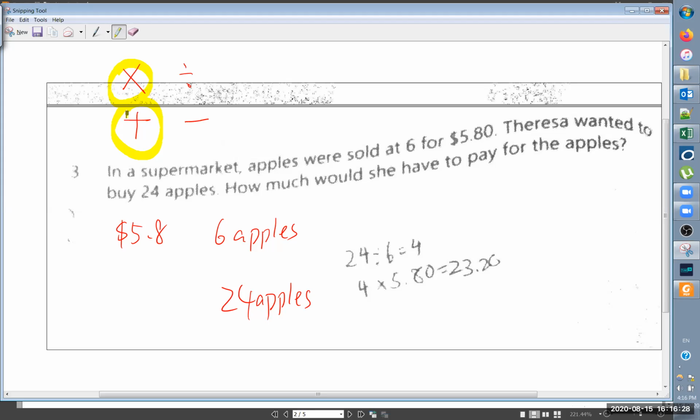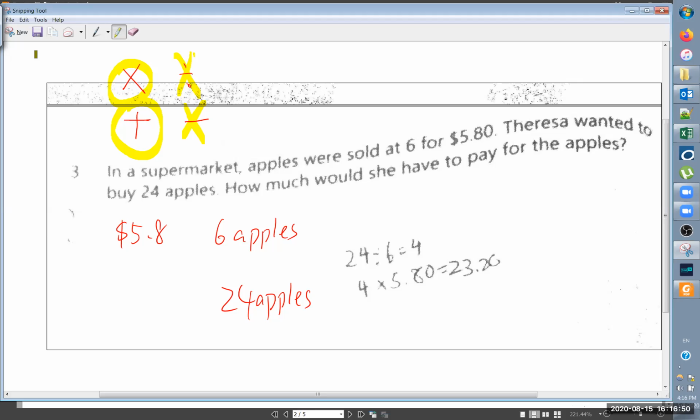It means in this case, you don't have to use divide or minus, because you will get a smaller number, which is not what you want. So you just choose between times and plus.